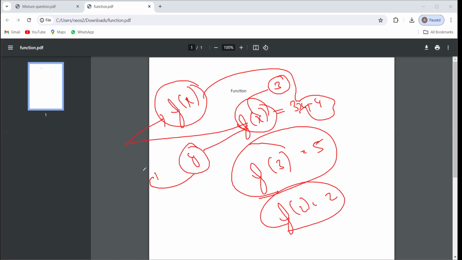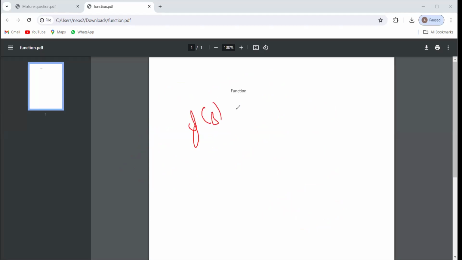So y is what? Dependent, right? Dependent on what? On x, right? Similarly, if I'm writing like this, f of z, so now this function is dependent on what? On z. z पे dependent होगा ना? Right.